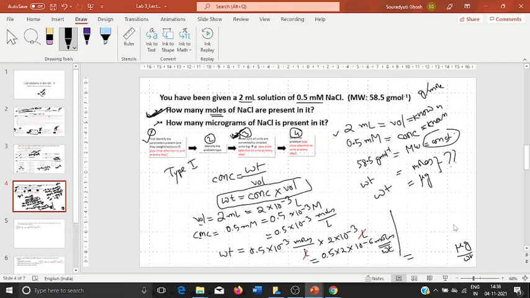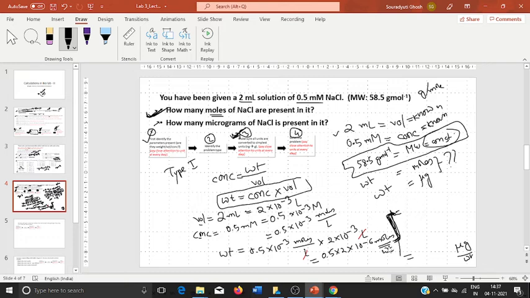Is it a unit conversion problem? Nothing else. So how do I convert into gram or microgram? Your molecular weight comes in handy. Molecular weight is a switch that can be used to convert moles to grams and vice versa.